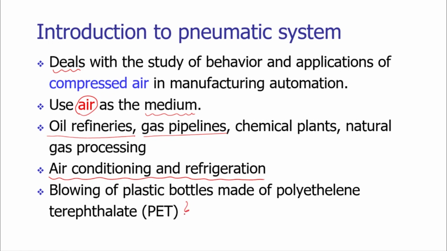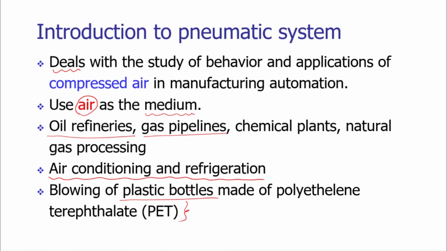One interesting and important application is to manufacture plastic bottles of PET, that is polyethylene terephthalate. In the blow molding operation, we are generating hollow work parts, or manufacturing hollow products such as bottles or containers, by sending controlled compressed air inside the mold cavity, and that mold cavity already has the workpiece material, that is the PET material.